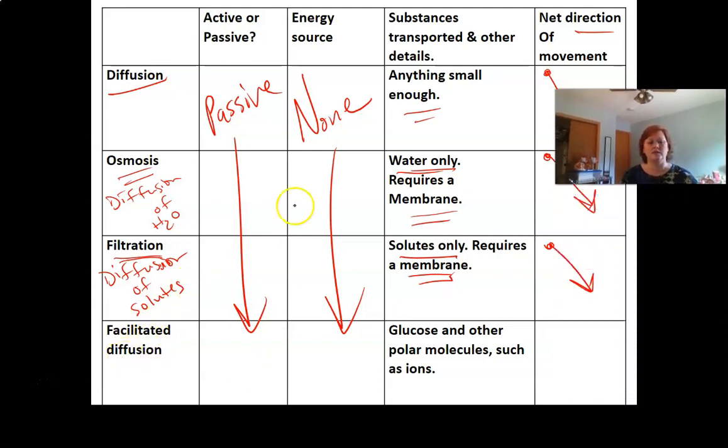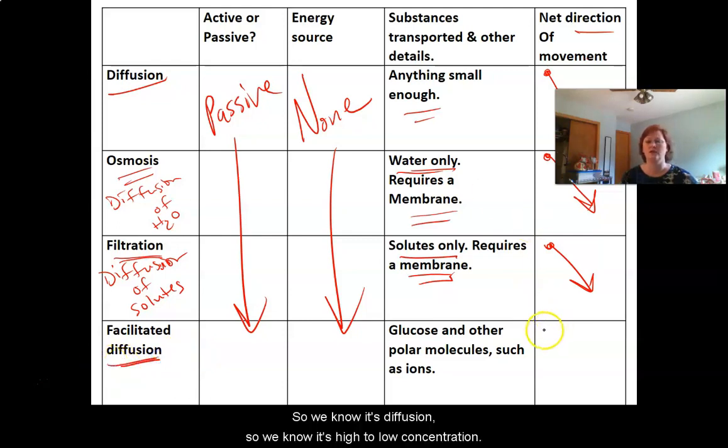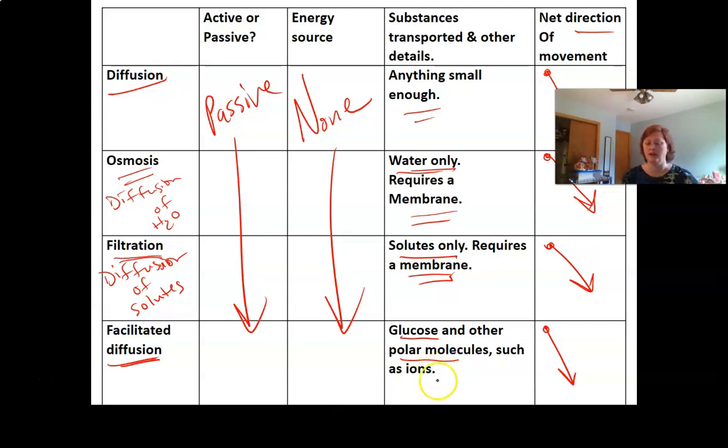Facilitated diffusion has diffusion right there in the name. So we know it's diffusion, so we know it's high to low concentration. But we're going to be doing things that are maybe a little bit bigger, like glucose, or some other kind of polar molecule that doesn't want to go across the membrane, like ions. So even though ions can be very small, like a sodium ion is only one atom, they don't want to go across that membrane because they're charged, which means they like water, and water's a little bit charged, right?